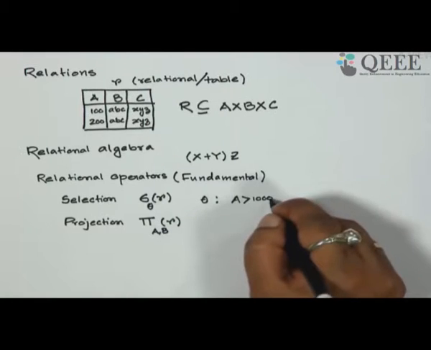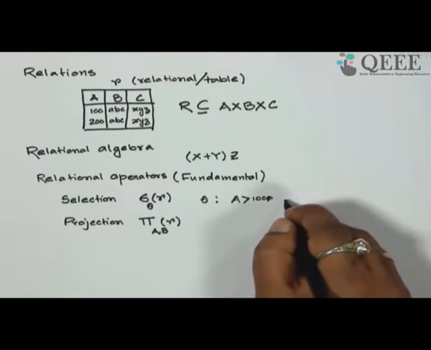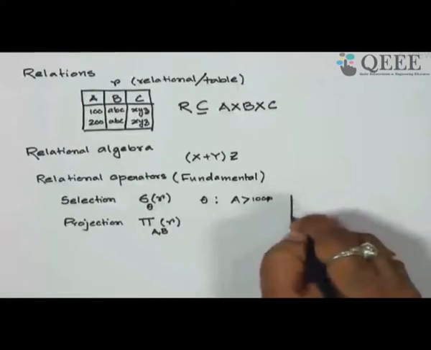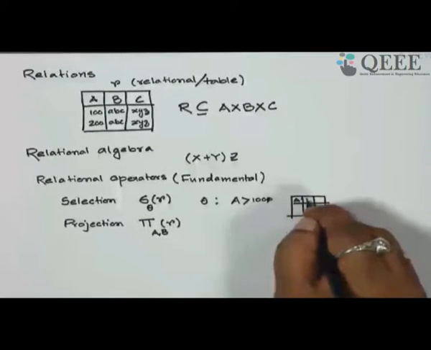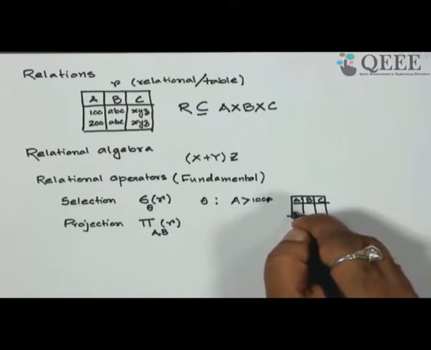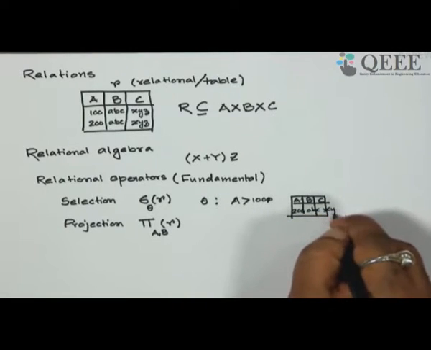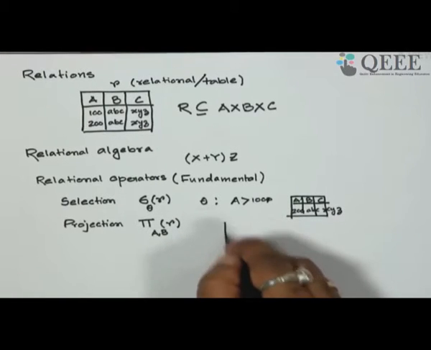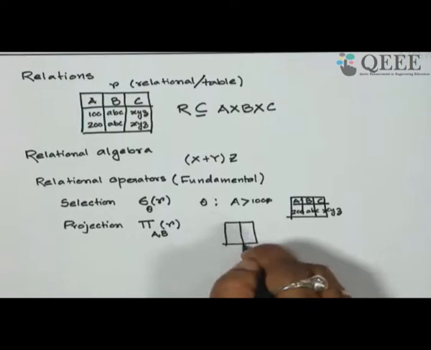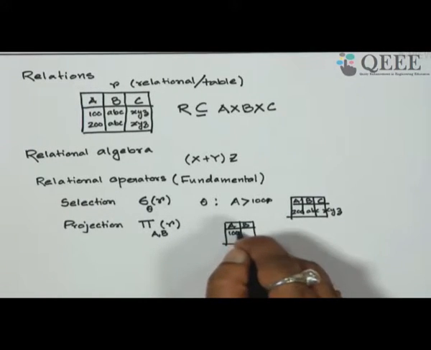So for example, if I make A greater than 100, the output on this table would be A, B and C, same attributes but only one row instead of all the rows. But if we put this, it will be two of the rows, both the tuples.